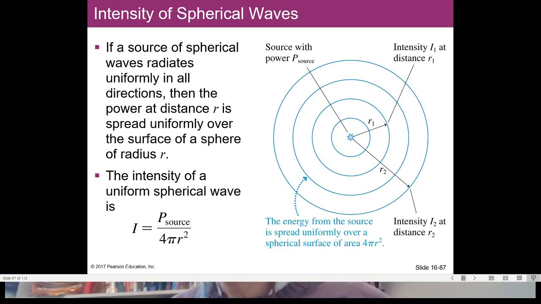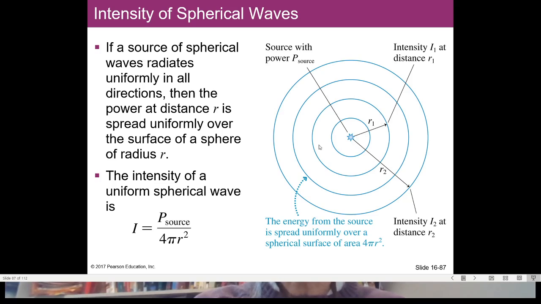Okay, what about the intensity of spherical waves? Well, if we radiate out in all directions, and now we're thinking about this spherically as opposed to on the surface of a pond, we're thinking of this as being surrounded by concentric spheres.